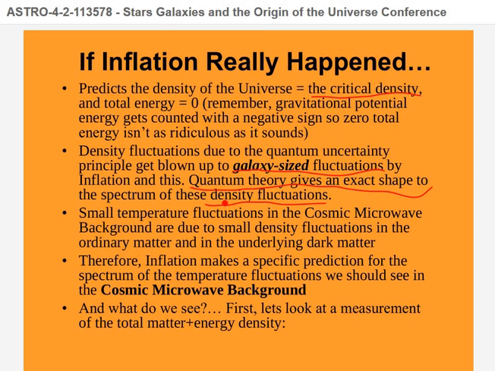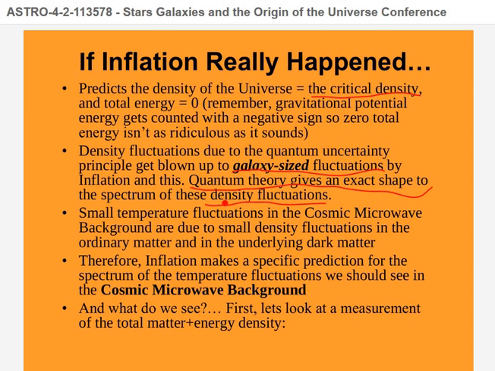Now you take that and you expand it really fast so that the size scale is not subatomic in the quantum realm, but is now big. Now you're no longer in the realm of quantum mechanics. Quantum mechanics kind of rules things at tiny scales. And so it's like this wild random white noise density fluctuation back and forth faster than you can say the words, all of a sudden gets frozen.